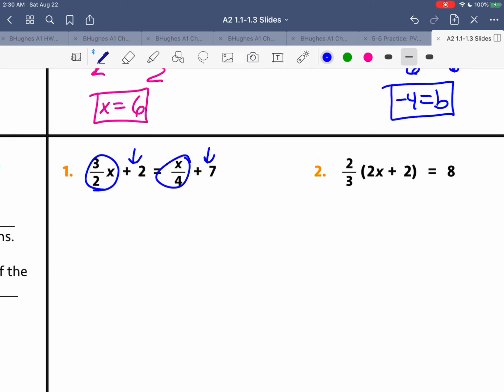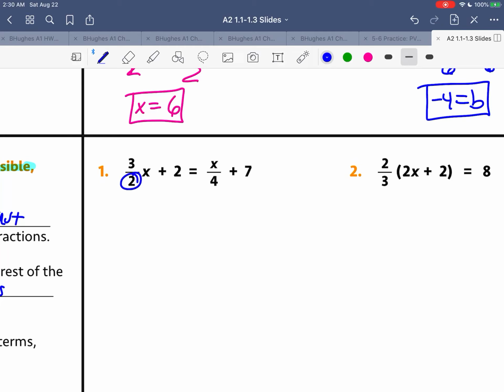Those fractions have other terms with them, which means that those terms are also going to have to multiply by the least common multiple. So now let's determine the least common multiple of 2 and 4, meaning what number is either 4 or greater, and 2 will also go into it. Well, that would be 4 itself. So I'm going to multiply everything in this equation by 4.